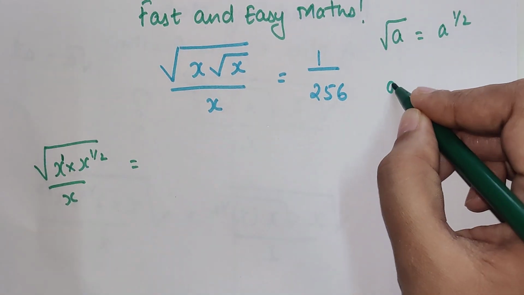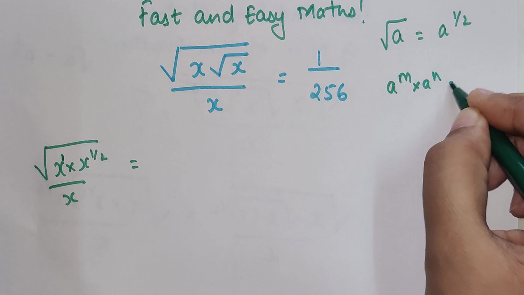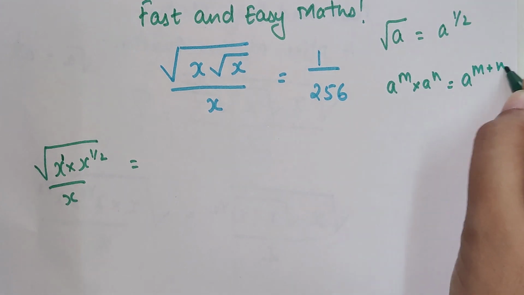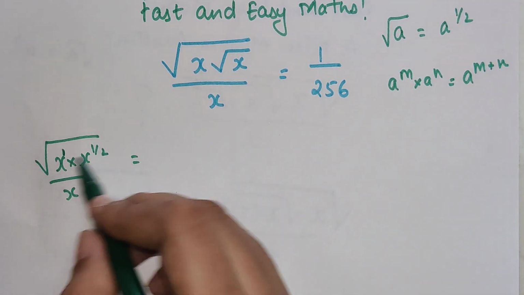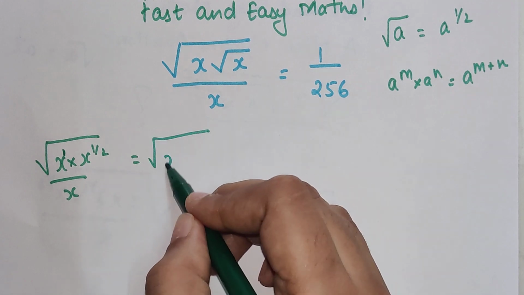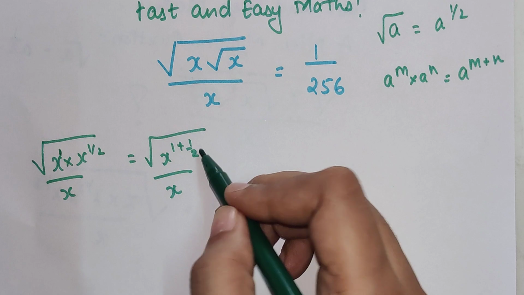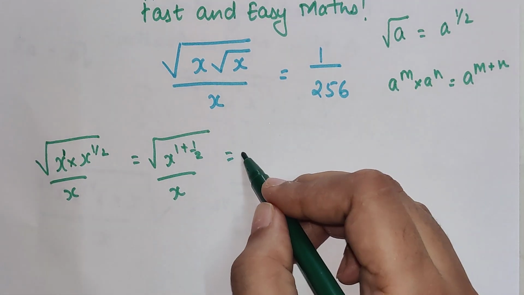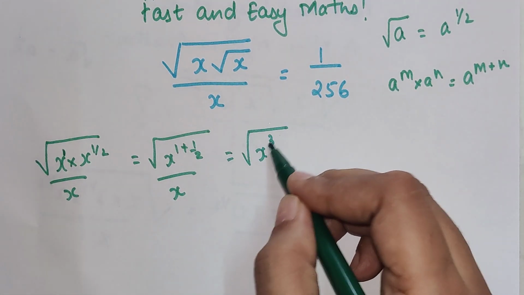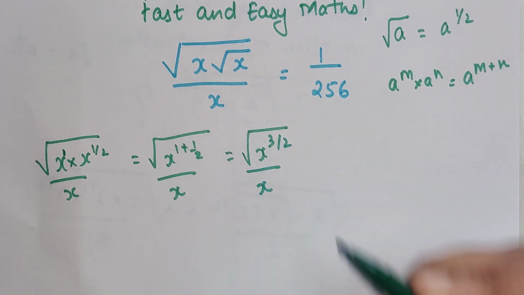Now a raised to m into a raised to n is nothing but a raised to m plus n. So I can just add these indices: x raised to 1 plus 1 by 2 upon x. This will come under a root. So this will now become root of x raised to 3 by 2 upon x.